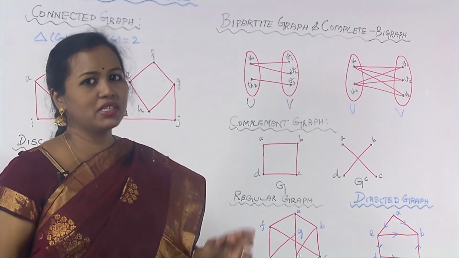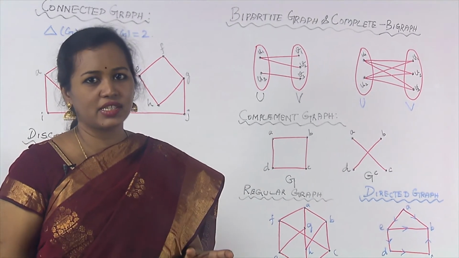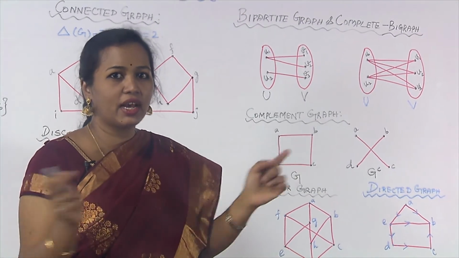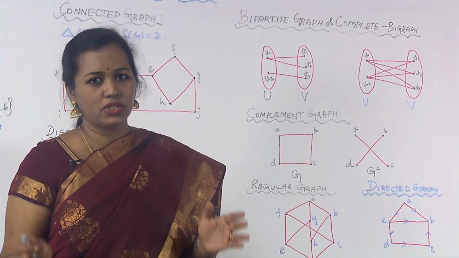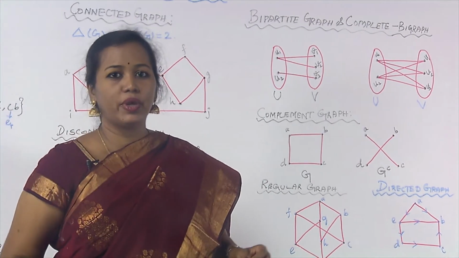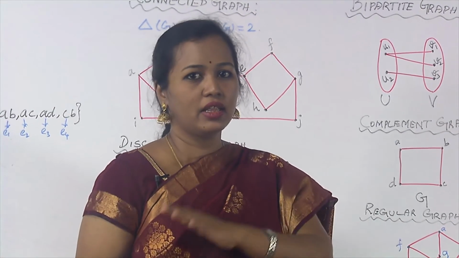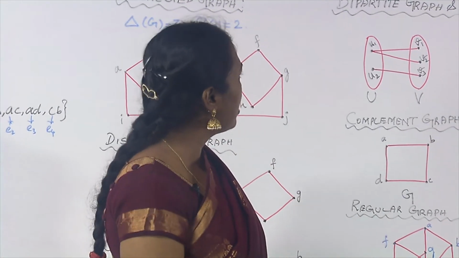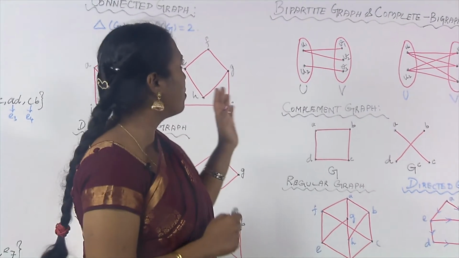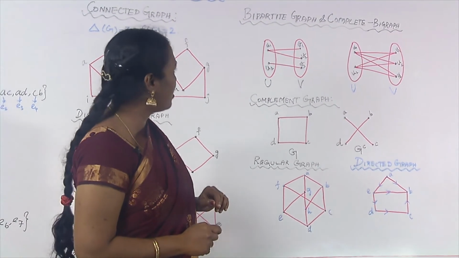So, bipartite means 2 partitions of the vertex set, and these 2 partitions are connected to each other by means of edges. Complete bipartite is where every vertex is connected to every vertex in the other partition. I am sure this part is clear. So, bipartite and complete bipartite graphs are done.